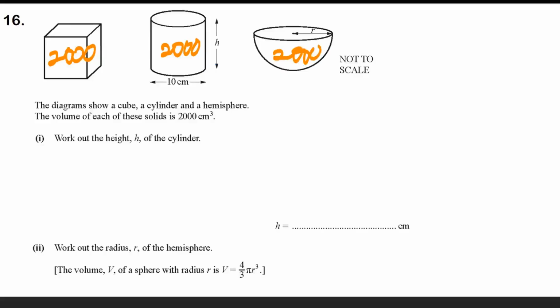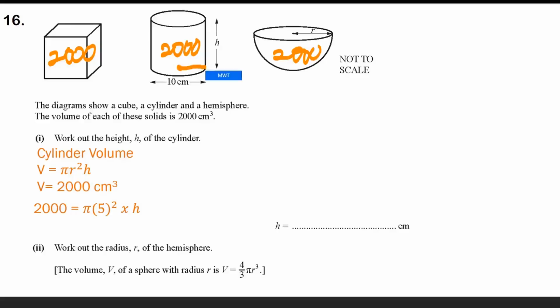Now, how to find the height of the cylinder? You go back to the formula, that is pi r squared h, and the volume is 2,000. So the equation is 2,000 equals pi. The radius is not 10. The radius is half of 10 because 10 is the diameter. The radius is half of your diameter, which is 5 units.